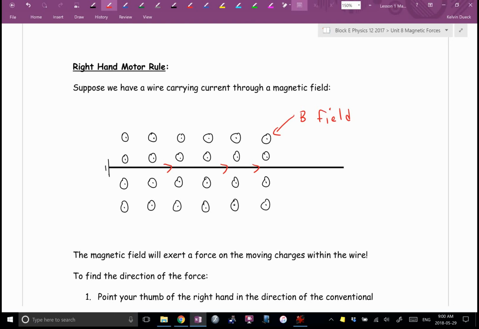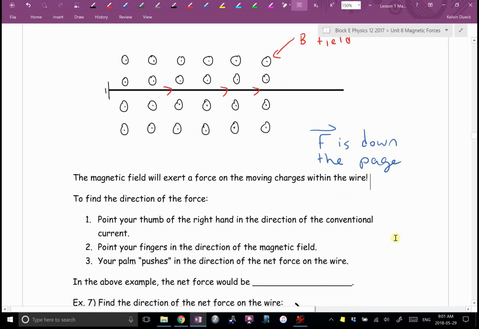This wire will feel a force down the page. We're going to do a bunch of these. The net force would be down the page.